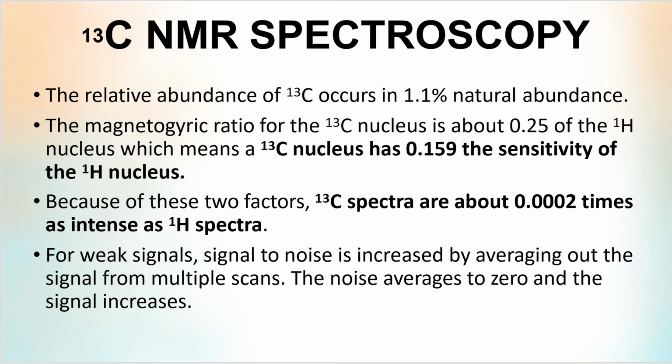So because of these two factors, carbon-13 spectra are about 0.0002 times as intense as proton spectra. So for weak signals, signal to noise is increased by averaging out the signal from multiple scans, and the noise averages to 0 and the signal increases.